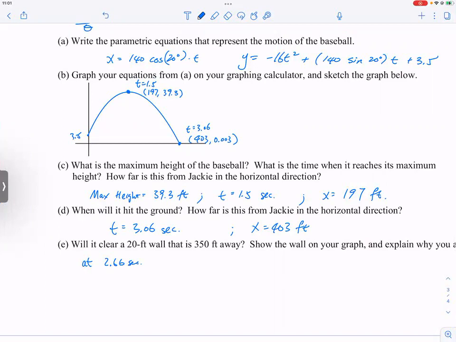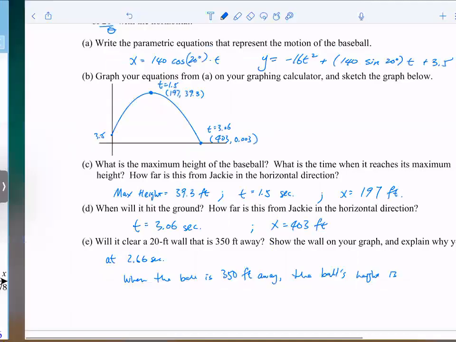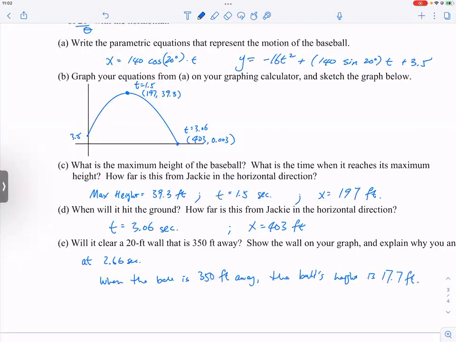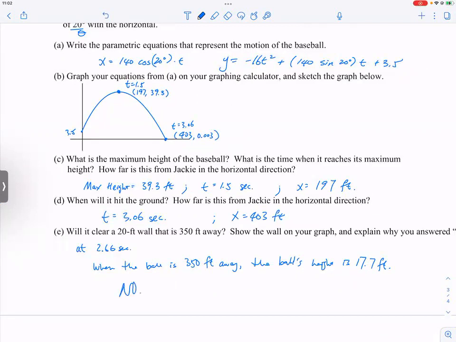When the ball is 350 feet away, the ball's height is 17.7 feet. So close to 20, but no. It will not clear the 20-foot wall in this case.